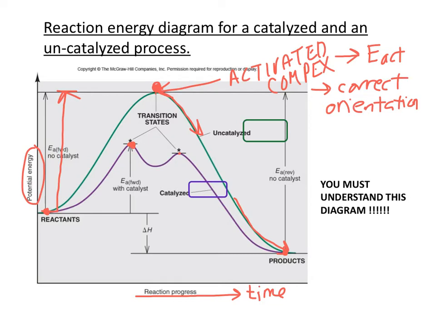The first one, however, if you notice, is much lower in energy than the uncatalyzed one. So this is the activation energy for a catalyzed reaction, and it's much lower. And again, that's because the reaction is going to take a different pathway.